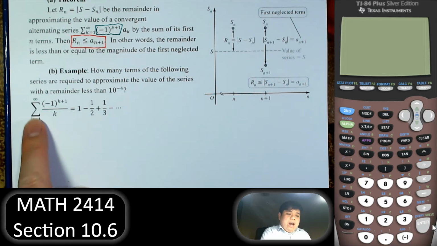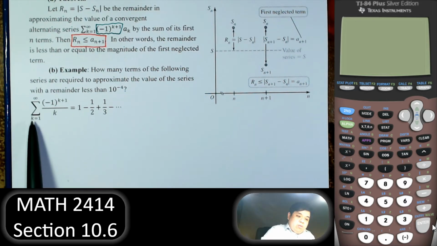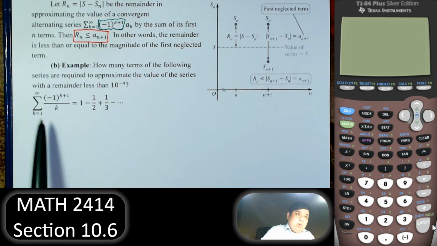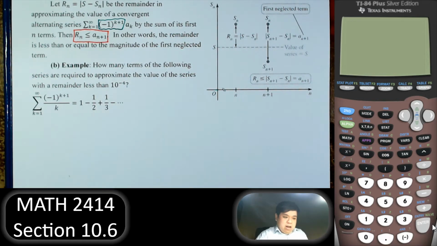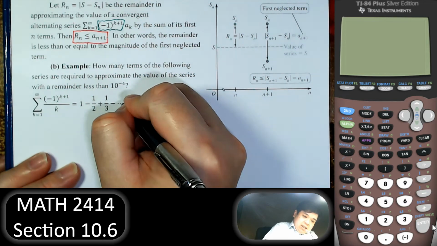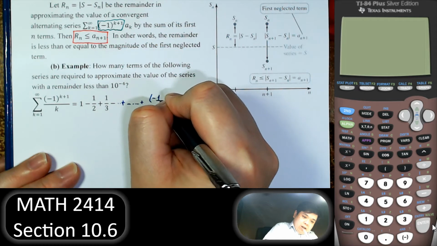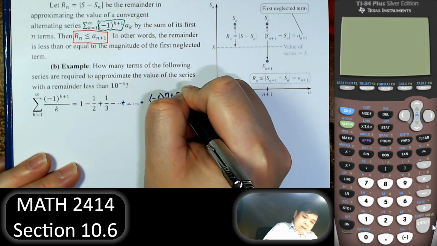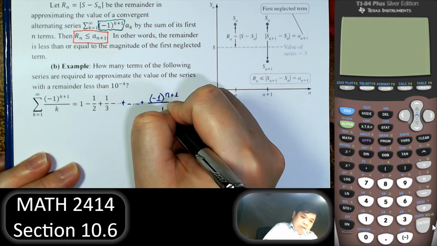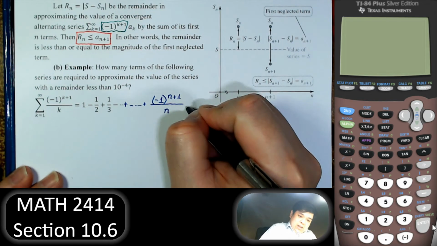Right. So let's say we have this series. For 1, we put 1 in, for 2, we put 2 in, plus or minus doesn't matter. If this continues and we put n in for k, we're going to have negative 1 to the n plus 1 over n. So this is equal to s of n.